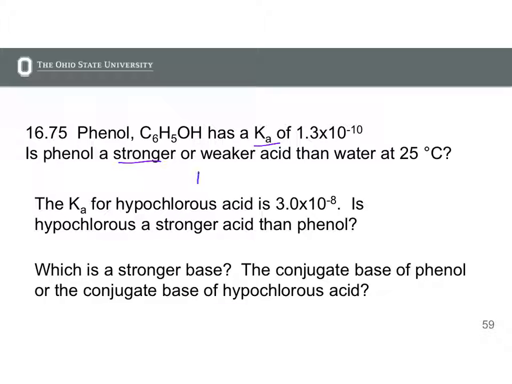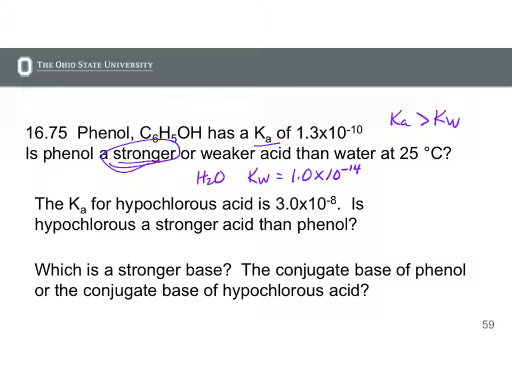We know for water the Kw value, which is what we're going to compare to in this case, is 1 times 10 to the minus 14. Because the Ka at 1.3 times 10 to the minus 10 is greater than Kw, that means that phenol is a stronger acid.